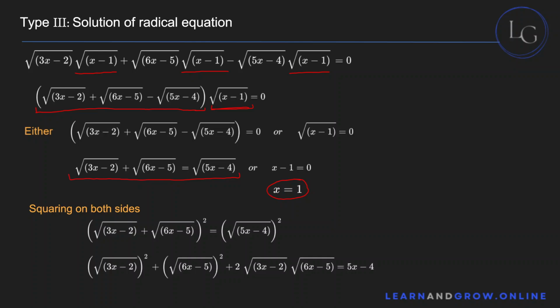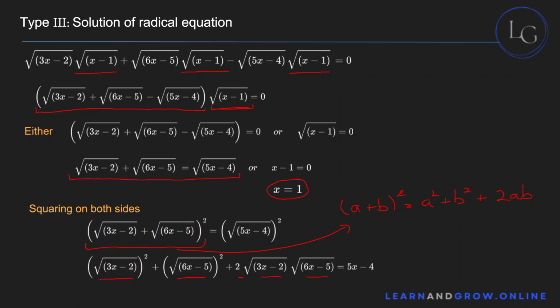Now, simply, if you remember, this is just like this term here. You'll solve it in a way like (a plus b) whole square is equal to a square plus b square plus 2ab. And that is exactly what we've done here. This is a square, this is b square, and this is 2ab.